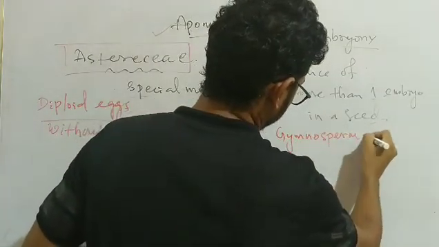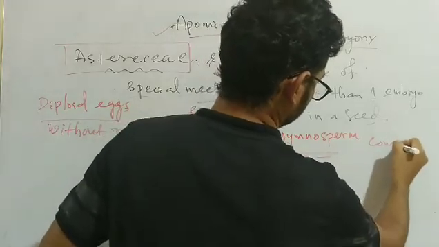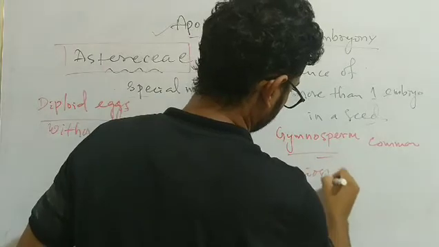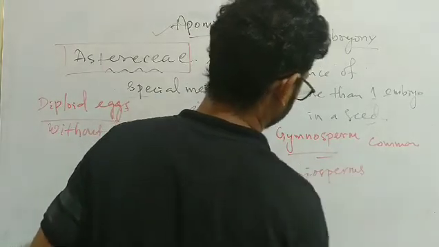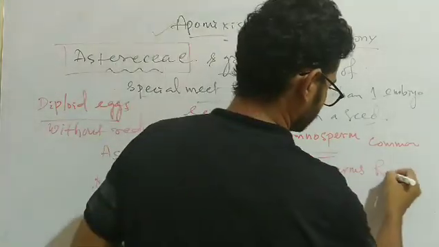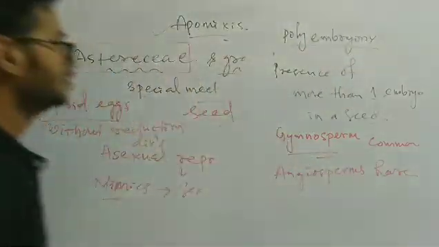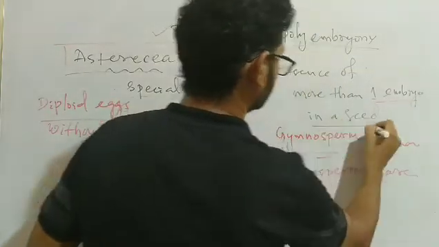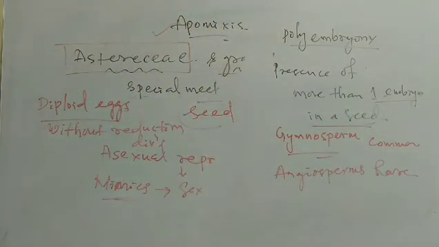It is common in case of the gymnosperm, and in case of angiospermic plants, it is rare. So presence of more than one embryo in one seed is polyembryony.